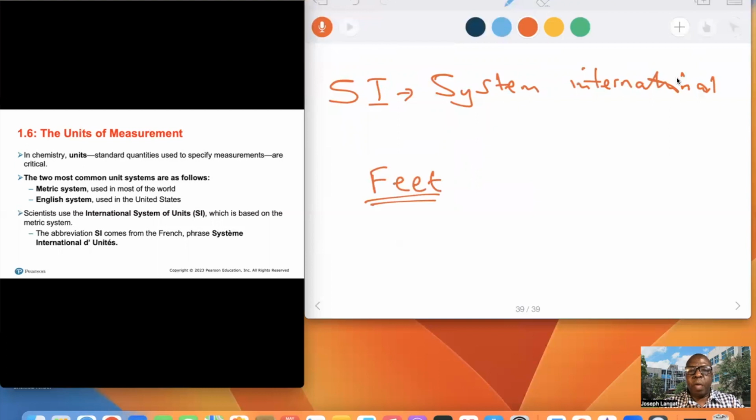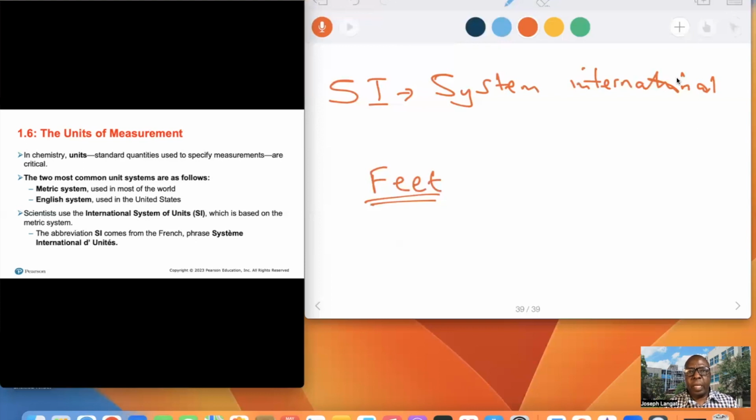It started way back when they started measurement. They used to use the king's foot. The length of the foot determined the length of material if you wanted to buy it; it was a standard. So you could imagine if a king was small and had a small foot, it's going to be a problem if we are doing trade.